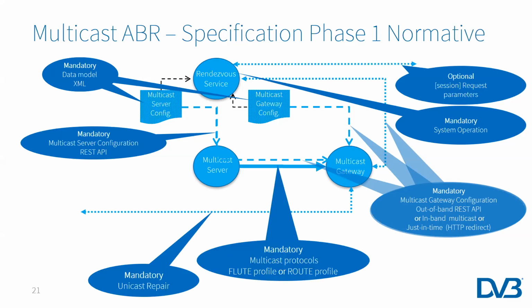And we have two mandatory multicast protocol profiles. One is FLUTE, based on 3GPP MBMS FLUTE, and the other is based on ATSC 3.0 ROUTE. It's mandatory, but it's an OR. That means you're not obliged to implement both, but you have to implement at least one of these two profiles. These profiles are DVB specific.